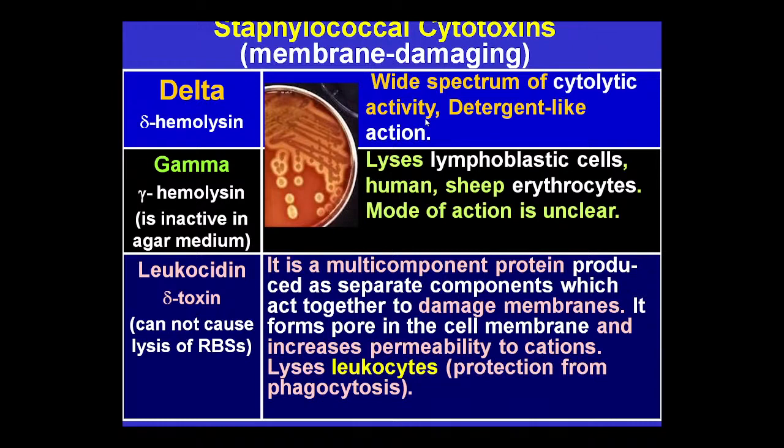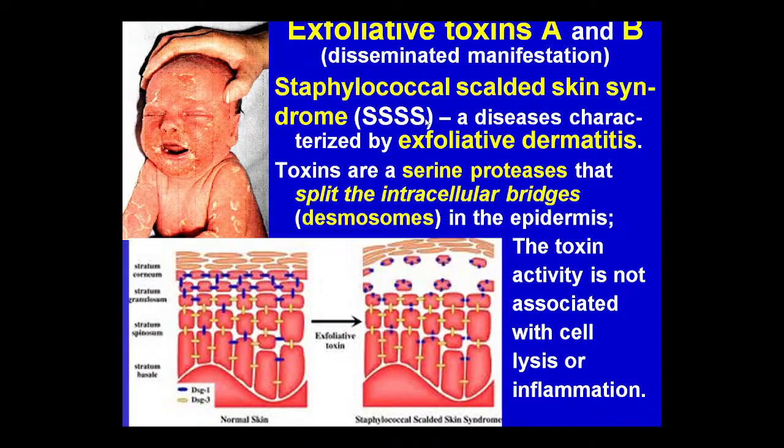And finally, we have leukocidin, which can cause lysis of RBCs also, but it is a multi-component protein produced as separate components, and when they come together, they act against the human cell membrane and increase permeability, mainly in leukocyte cell membranes, and cause the cells to die.